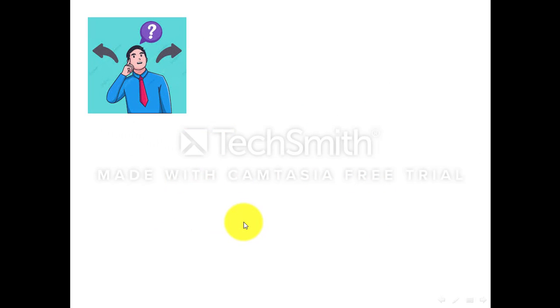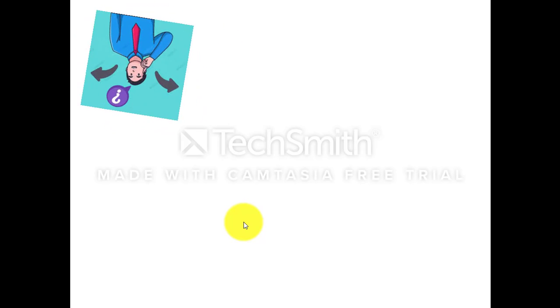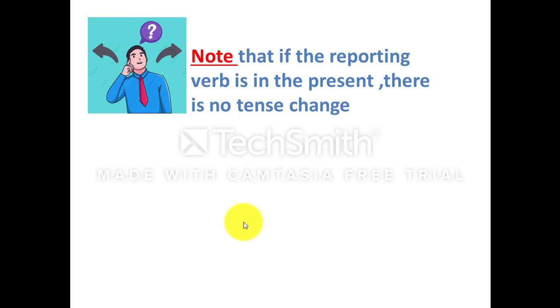Okay, my dear students, note that if the reporting verb is in the present, there is no tense change. Be careful. If the reporting verb is in the present, there is no tense change. For example, when I say, John: "I often come here."